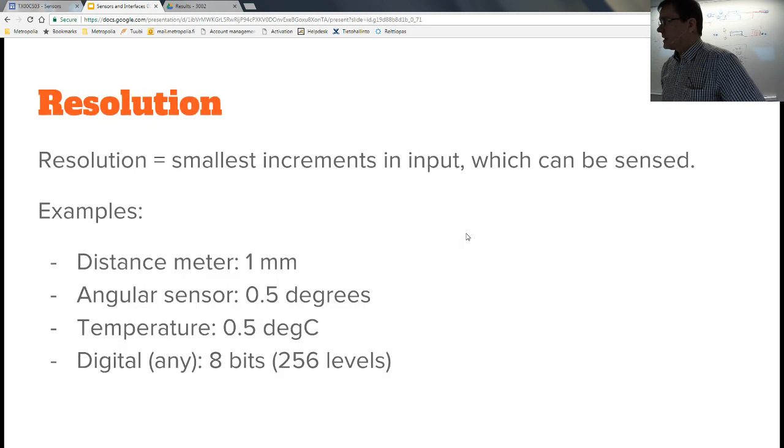And accuracy you can actually improve with averaging or filtering, and precision you can do calibration. But the resolution is what it is. You cannot improve it. It's just resolution.